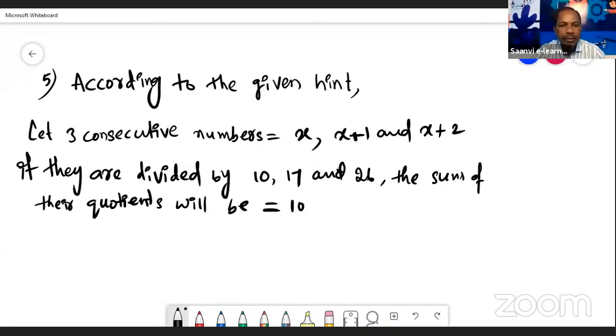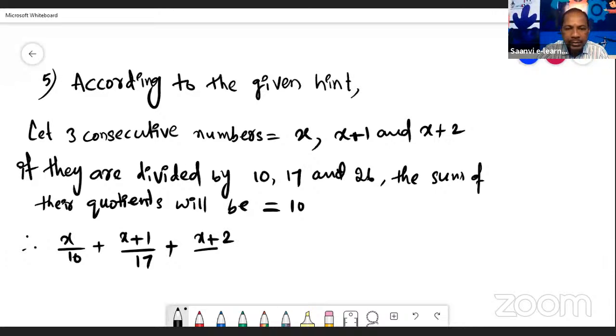It means the first integer x is divided by 10, so x by 10. Sum means plus. The second integer x plus 1 is divided by 17. Again sum means plus. The third integer x plus 2 is divided by 26. So like this, if the first integer is divided by 10, the second integer by 17 and the third integer by 26, the sum of their quotients is equal to how much is given?